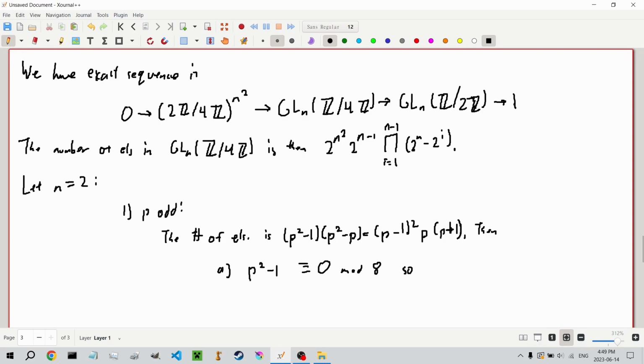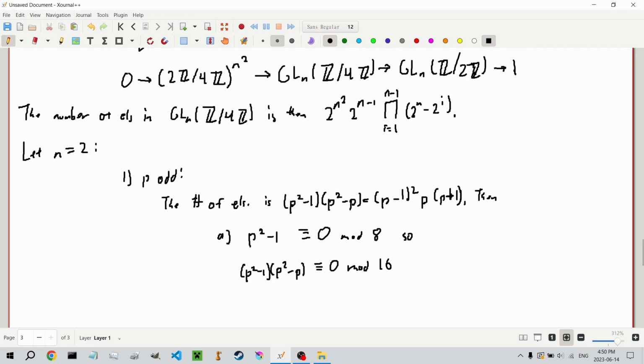So we have that p squared minus 1 times another even number, namely p squared minus p, must be congruent to 0 mod 16. In this first equation, you just plug in p. In this case p can only really be 1, 3, 5, or 7, and you can go in your head to calculate that this is always true. You can just multiply by an even number.